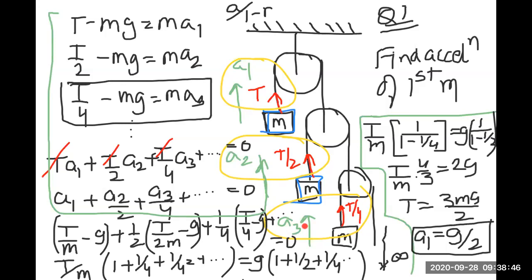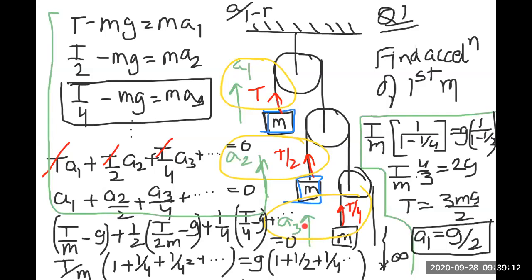Once you have found the value of tension, you should be able to find the acceleration of the individual blocks. And if you get an acceleration which is negative, this simply means that your assumed direction of going up is wrong, and that particular block must be coming down.